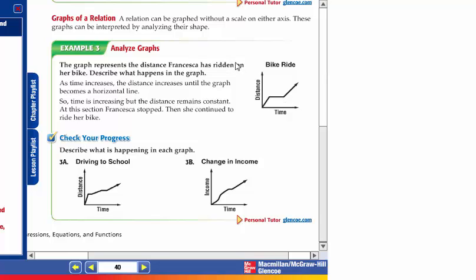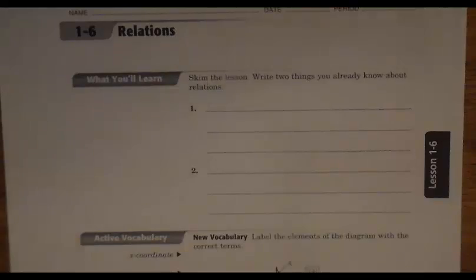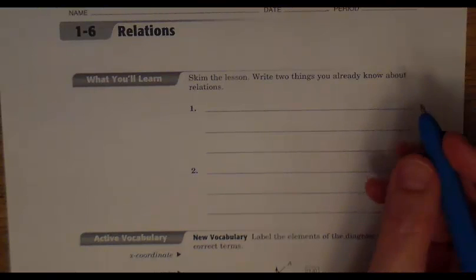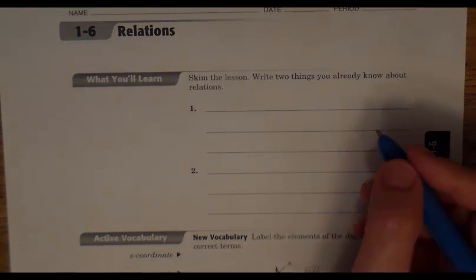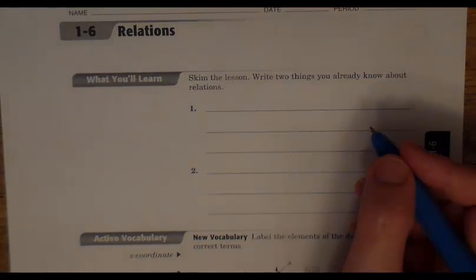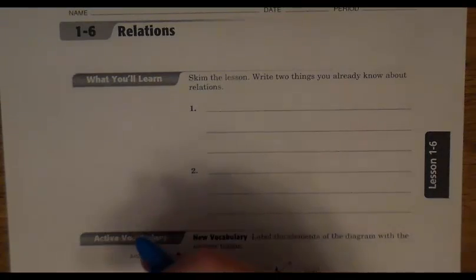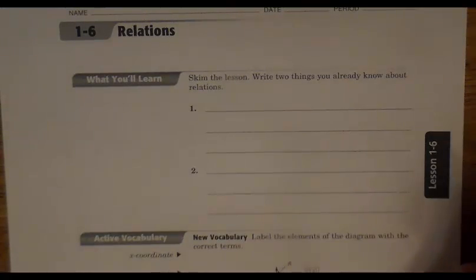Next, we will do the note-taking portion of this lesson. Chapter 1, Lesson 6, Note-Taking. We're going to write down what we already know about relations. And this could vary. Some of you may not know anything about relations. Some of you may know a lot about relations.